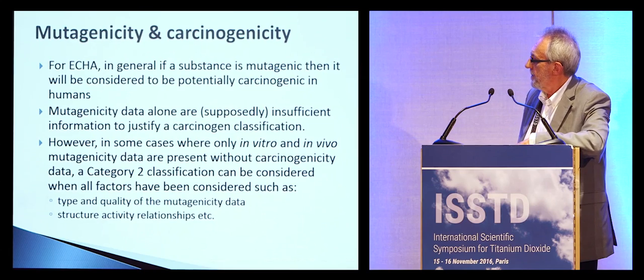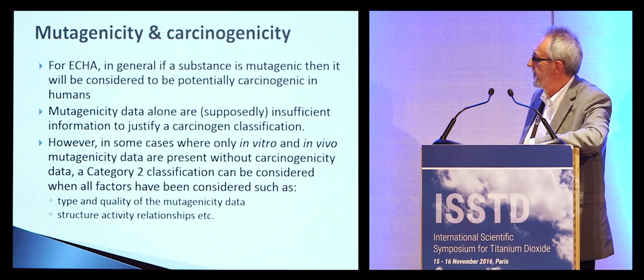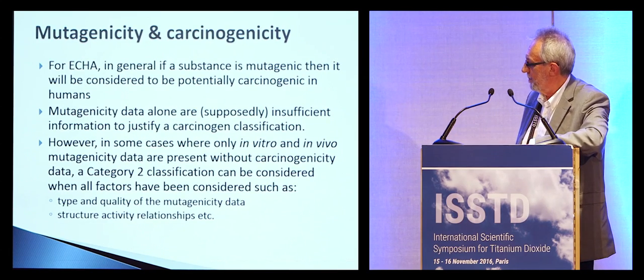So for ECHA, in general, if a substance is mutagenic, then it will be considered to be potentially carcinogenic in humans. Mutagenicity data alone are supposedly insufficient to justify a carcinogen classification.